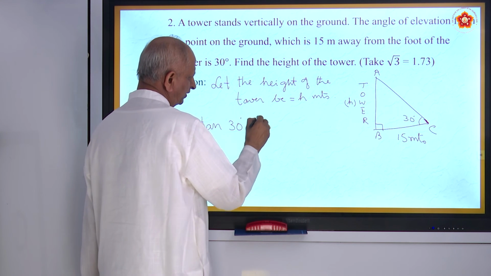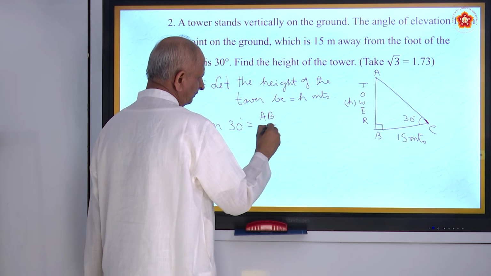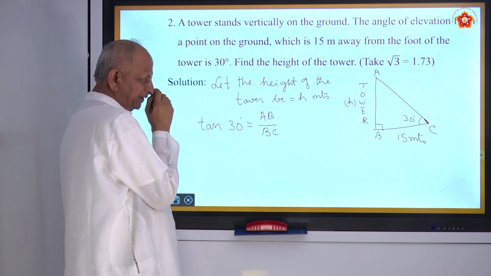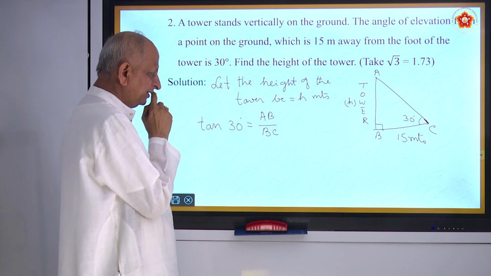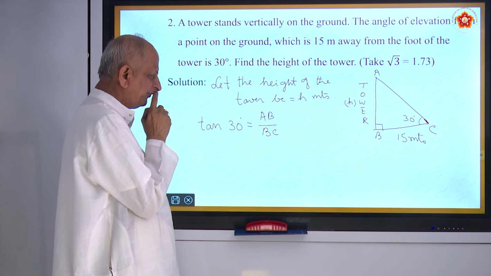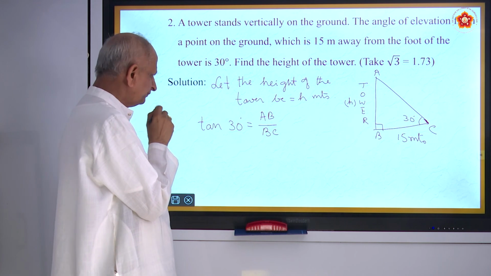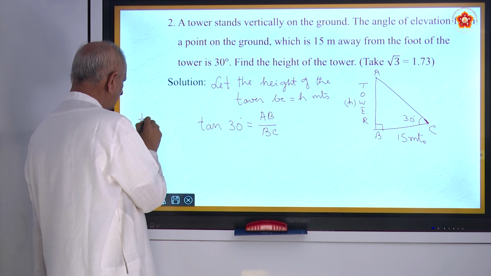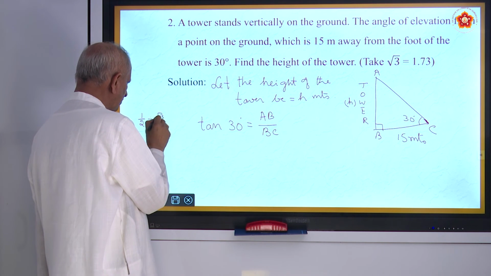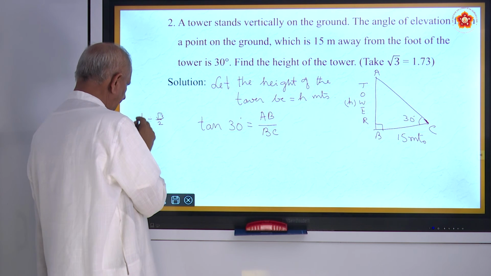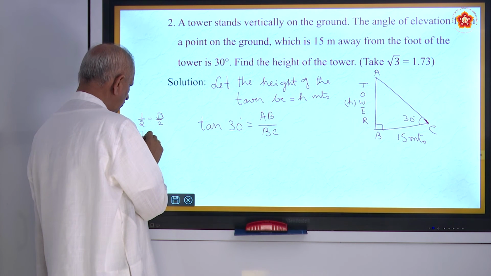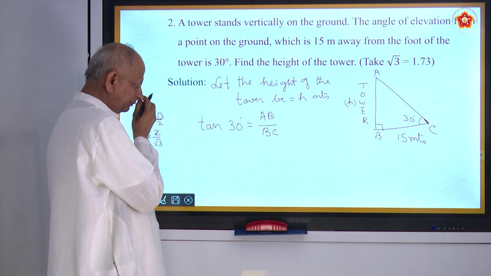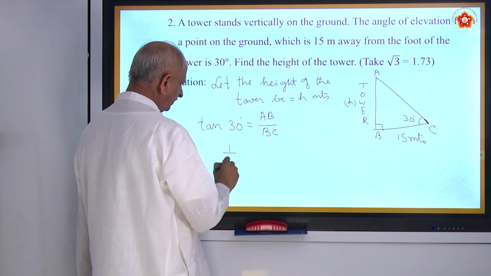is equal to AB by BC. What is tan 30? Sin 30 by cos 30. Sin 30 is half. Cos 30 is root 3 by 2. So half divided by root 3 by 2 will be half into 2 by root 3, so 1 by root 3.